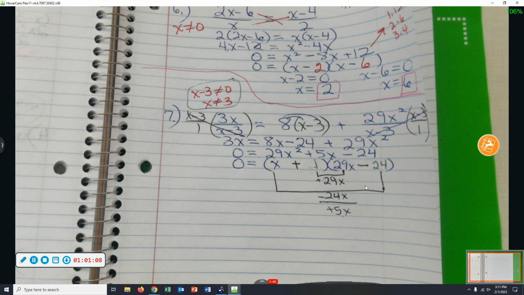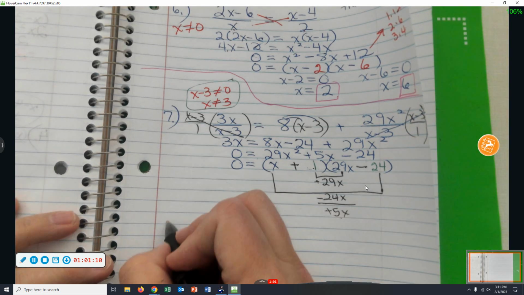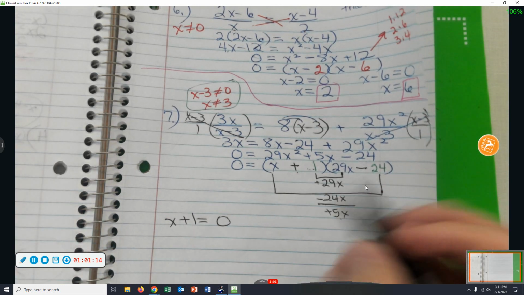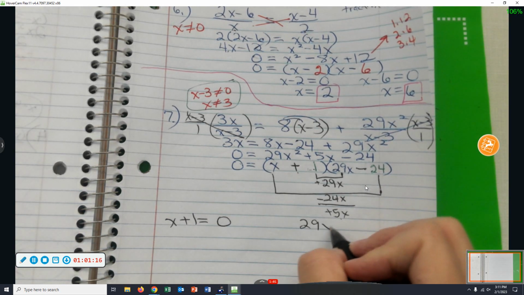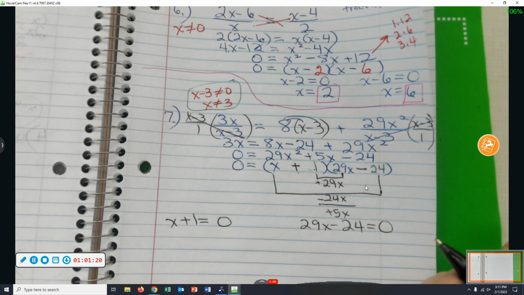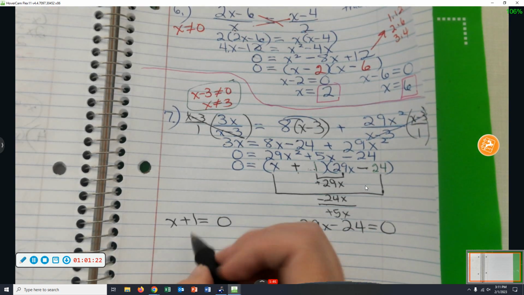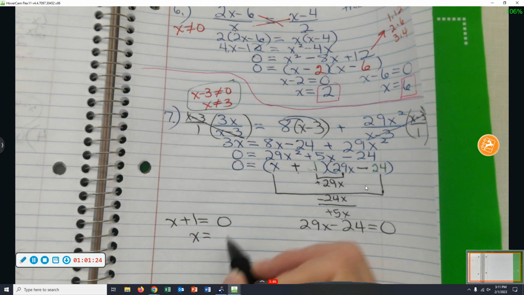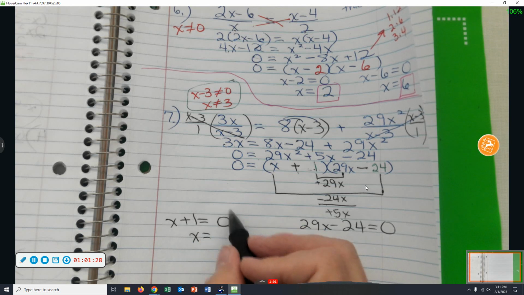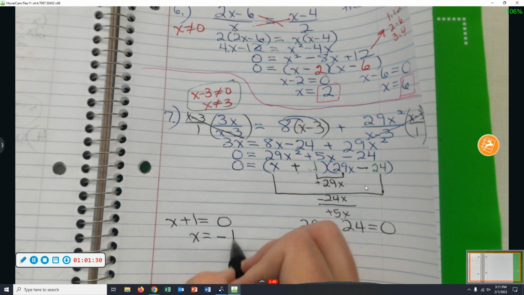Set each factor equal to 0 to give us x plus 1 equals 0, and 29x minus 24 is equal to 0. What are we going to get here? Move the 1 over to give us negative 1.